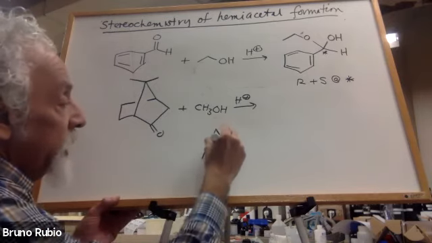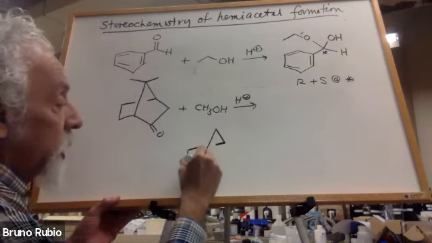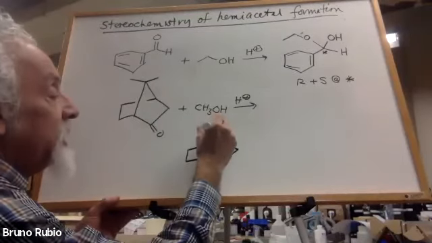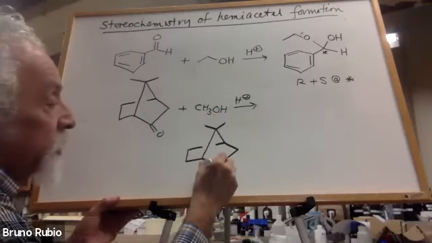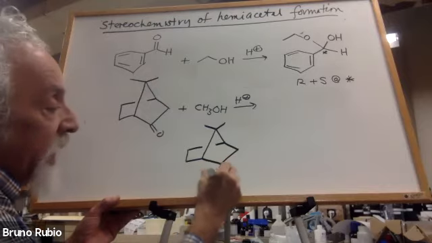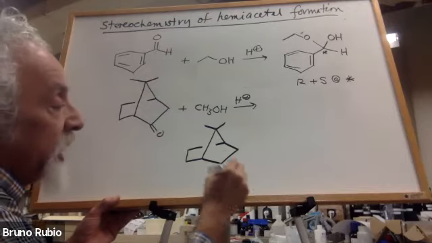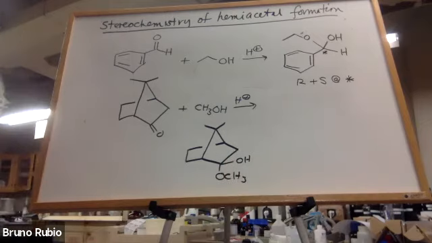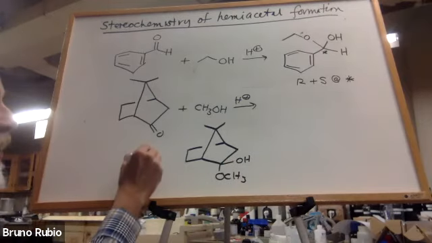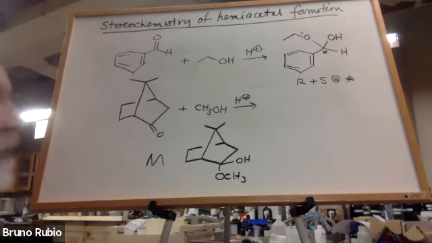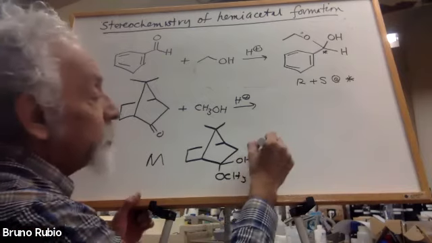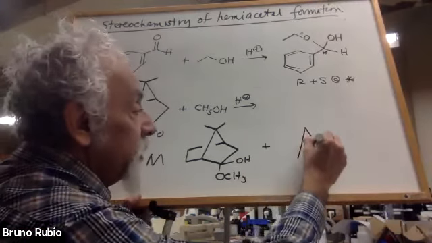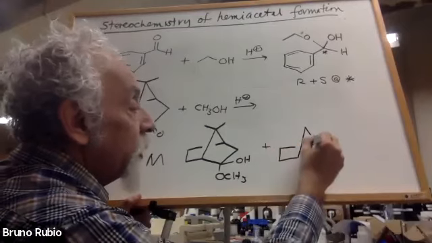All right, so I'll write these out. The major product, and here it's easy to tell what the major product is going to be. The major product had the nucleophile coming in from the bottom, right? Just because that's easier to approach. The minor product is going to have the nucleophile coming in from the top.